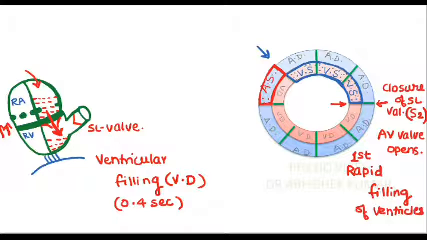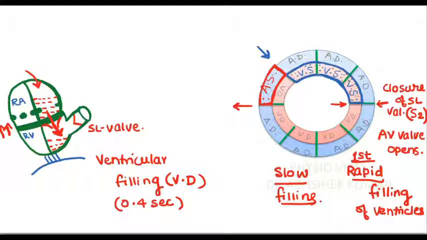After that, there is slow filling of ventricles. Up to this very point. So both this first rapid filling and slow filling are passive filling of the ventricle.